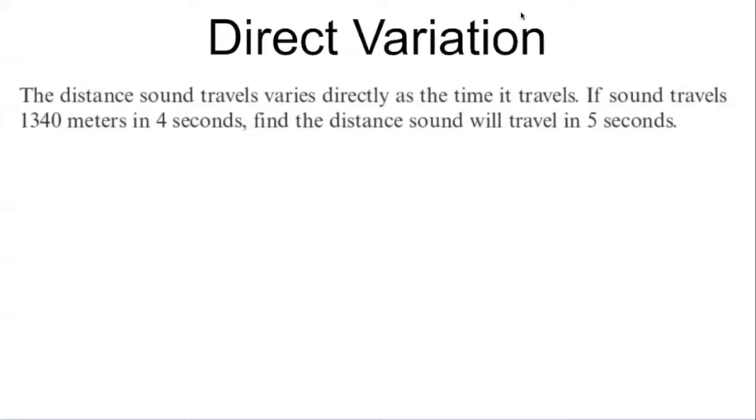So we have our situation where we know, and we will call this D to represent distance, and we know we have our proportionality constant, or our variation constant, K times, and in this case, I will use T to represent time, but you could always use X. And to establish what that constant is, we need to take what is the dependent variable, which in this case is the distance sound travels, and divide it by our independent variable, the time it travels.